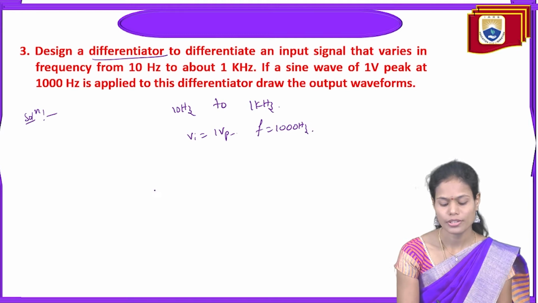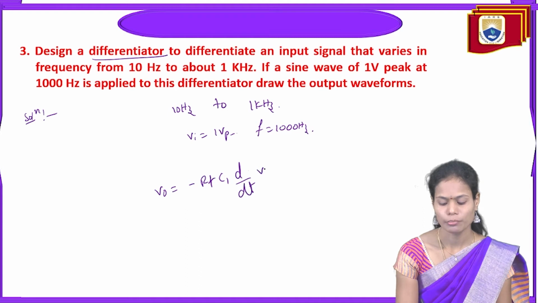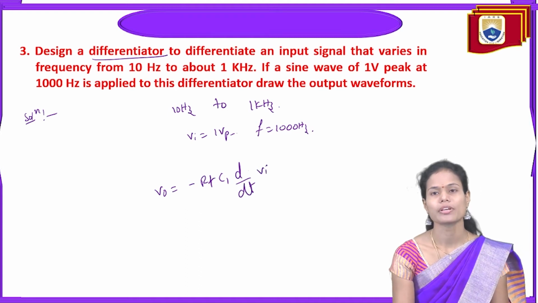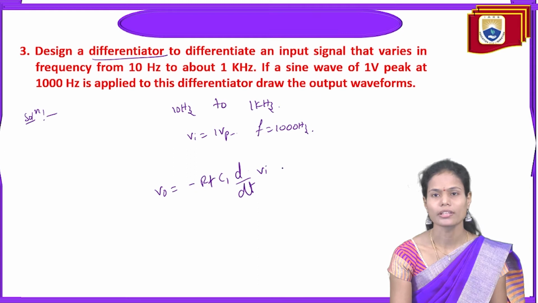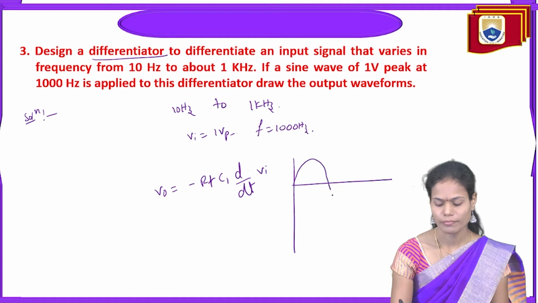In the case of the differentiator, the output voltage is minus RF C1 into the differentiation of the input voltage Vi. From this, we have to find the output signal, and the input signal is given as a sinusoidal signal.